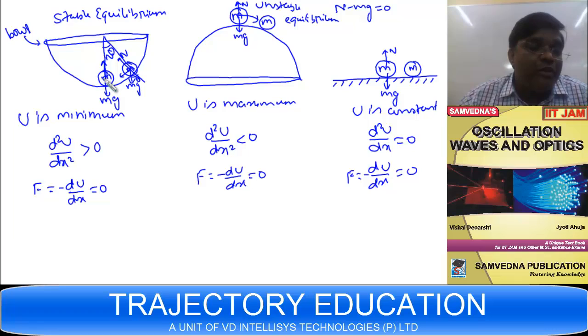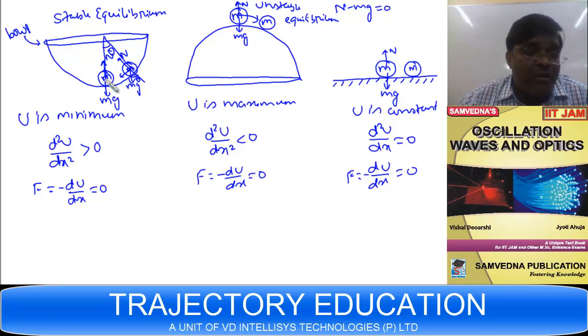And not just this, the body must have inertia as well. For the existence of oscillation, one condition is that the body must have inertia as well. If the body does not have inertia, the body may come back and remain at rest over here. It's only because of inertia that it overshoots. The moment it comes back to equilibrium position, net force is 0.